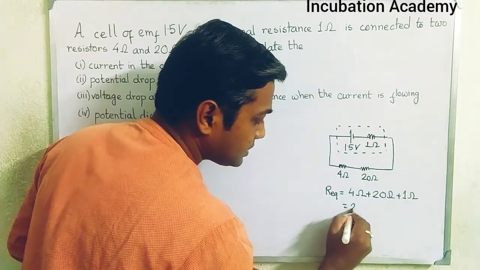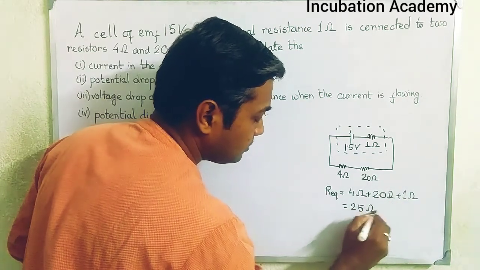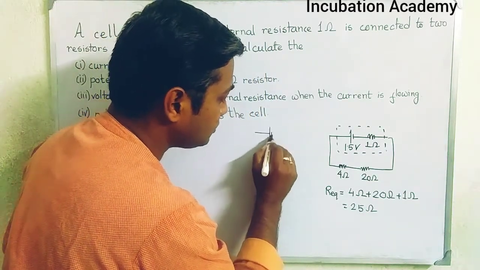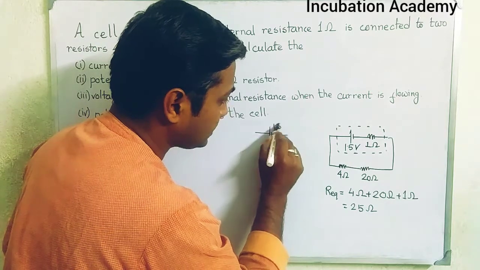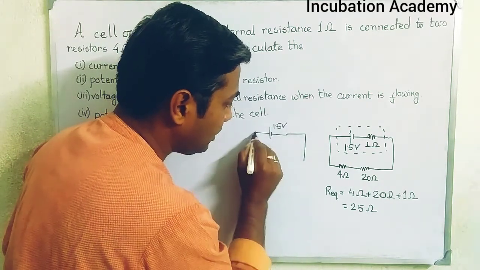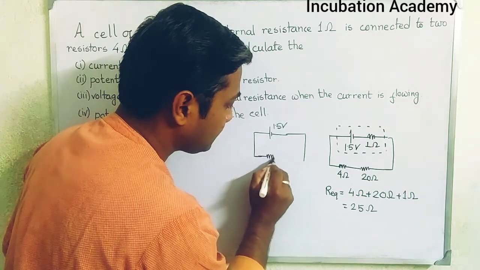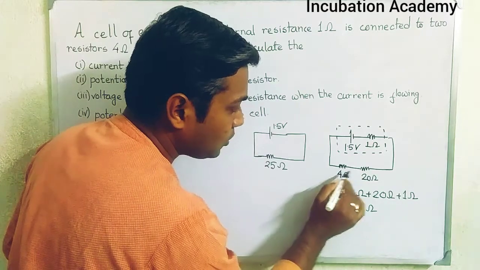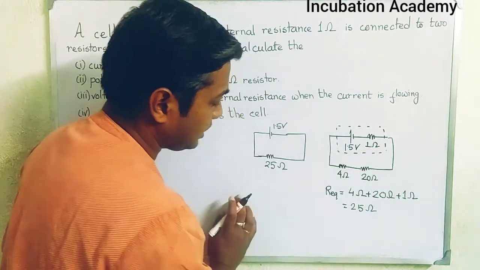If I add these three, it will be 25 ohm. So we can think that the circuit is now reduced to this equivalent circuit, 1.5 volt and only one resistance 25 ohm, which is the equivalent of 4 ohm, 20 ohm and 1 ohm in series connection.